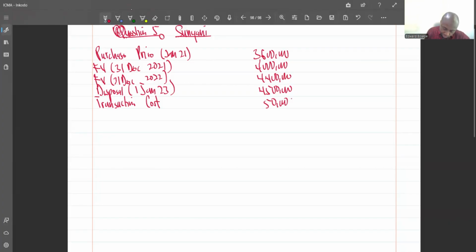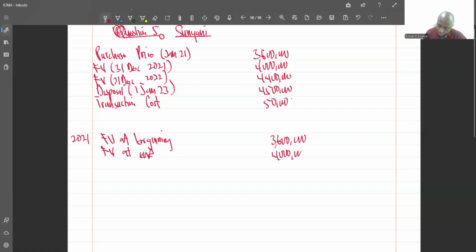So if we take the year 2021, you can see the purchase price, which is more or less the fair value at beginning. So fair value at beginning was 3.6. And then fair value at end became what? 4 million. So we can easily see that there's a change of what? 400,000.